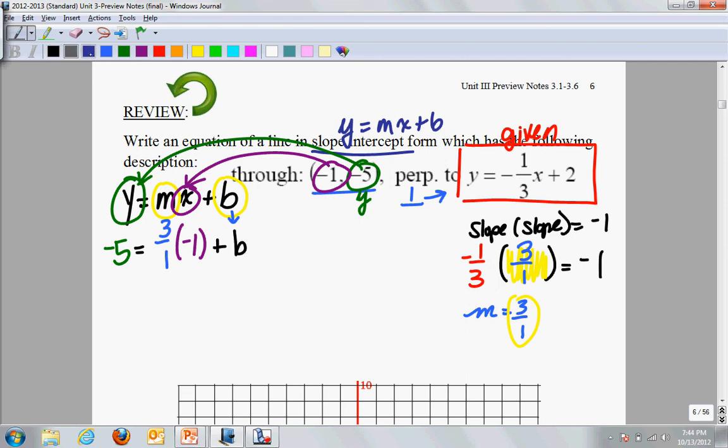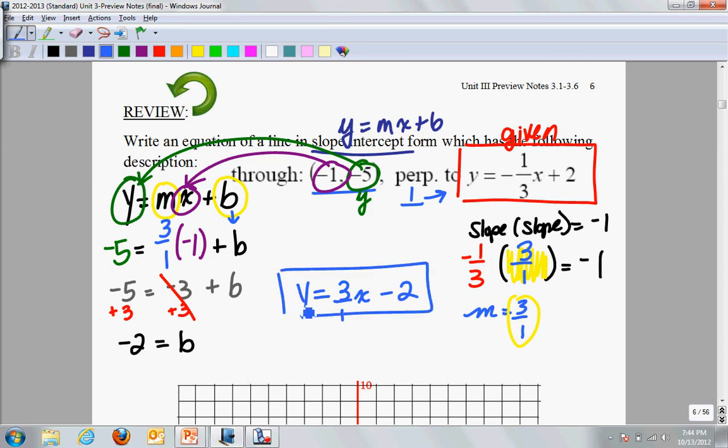Now we're going to solve. b equals -2. So our given line is red, and our desired line is going to be y equals 3/1x minus 2. That is our desired line.